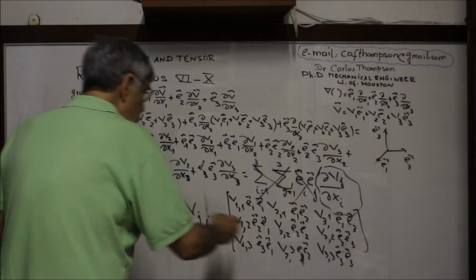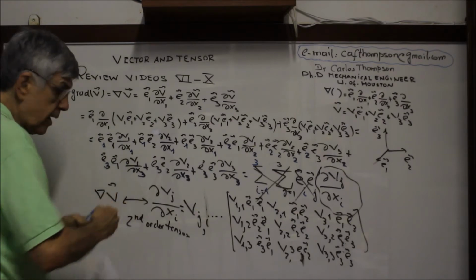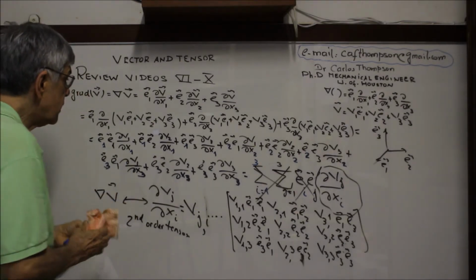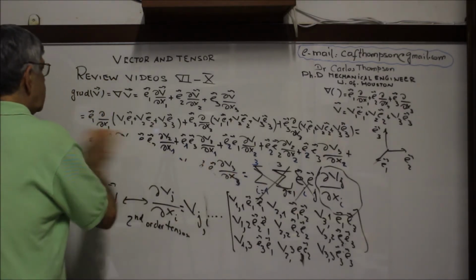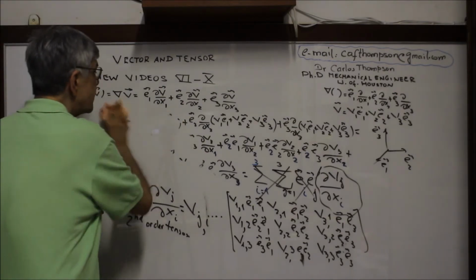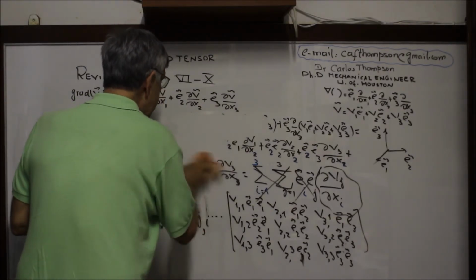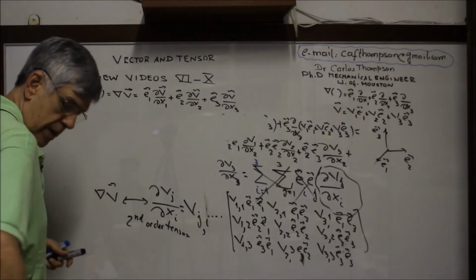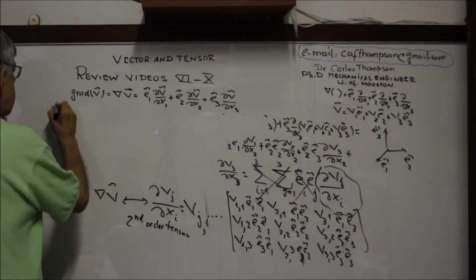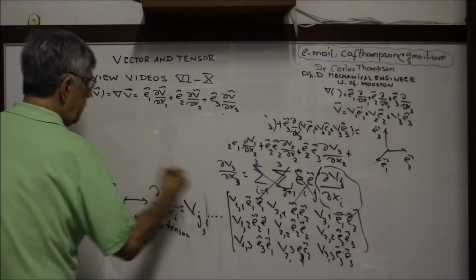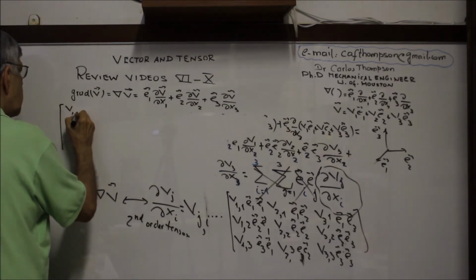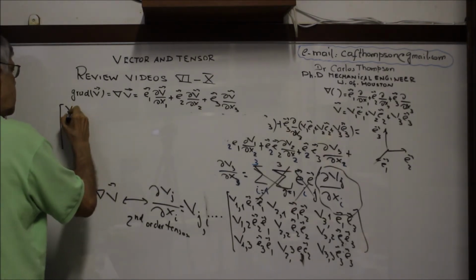Now, we can write this just representing it as a matrix. So this matrix here will be v1,1, v2,1, v3,1.